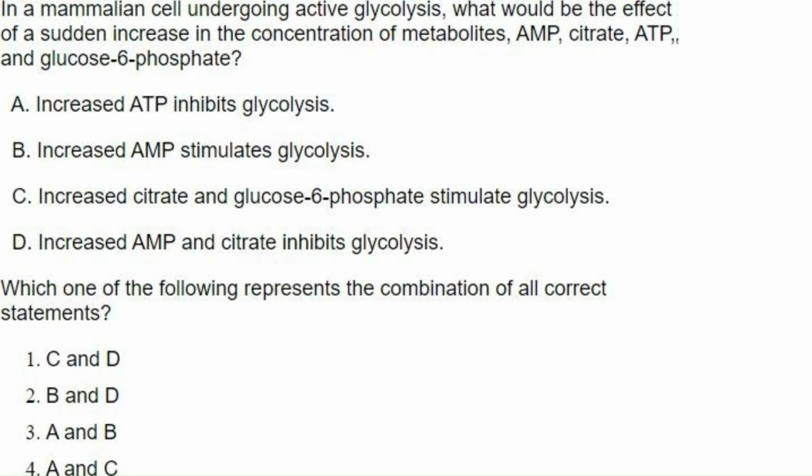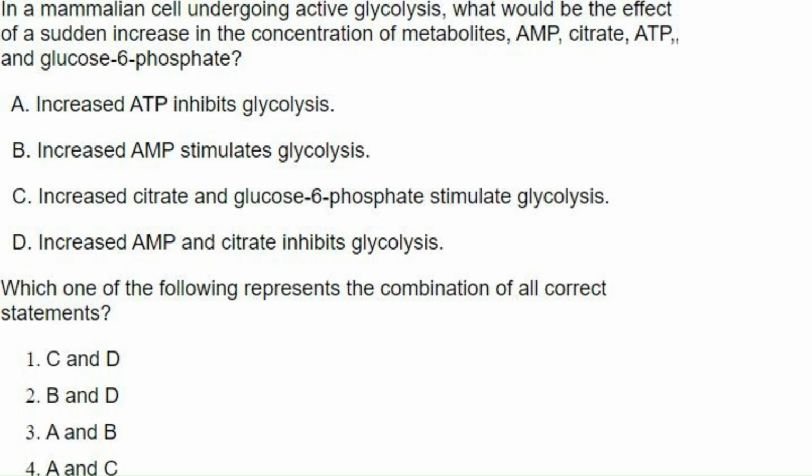A. Increased ATP inhibits glycolysis. B. Increased AMP stimulates glycolysis. C. Increased citrate and glucose 6 phosphate stimulate glycolysis. And D. Increased AMP and citrate inhibit glycolysis. Now, out of four options, which one is the correct combination of the statements?